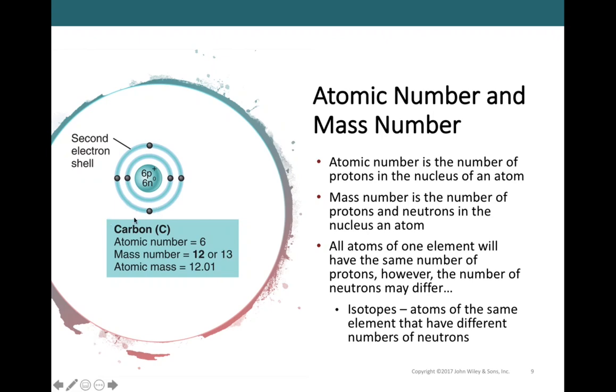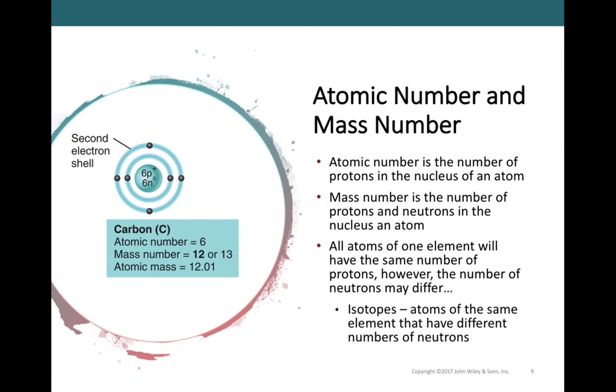So carbon, for example, has an atomic number of 6, and there are also going to be 6 neutrons found within our carbon atom's nucleus as well. So the mass number, or the atomic mass that we will say, will be 12. The mass number is going to be 12 because there are 12 particles in this atom's nucleus.